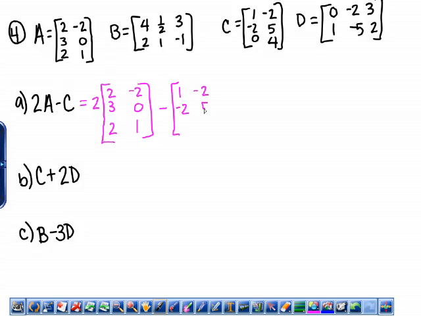The dimensions of what? Which 2 matrices? A and C. What are the dimensions of A? 3 by 2. What are the dimensions of C? 3 by 2. Can we subtract these? Yeah. All right. Go ahead and multiply through by your 2 first.